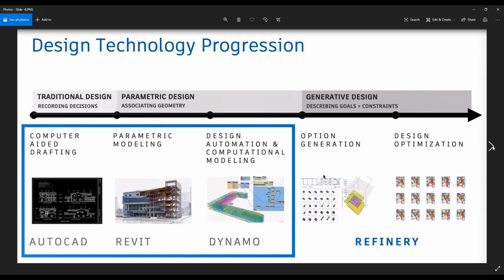And beyond that, when I got to the point of design automation and computational modeling, this is when architects started having working knowledge of scripting, being able to use computer scripting to generate your designs. And if you look at the works of Zaha Hadid, these are their secrets. They use these tools to come up with the designs.